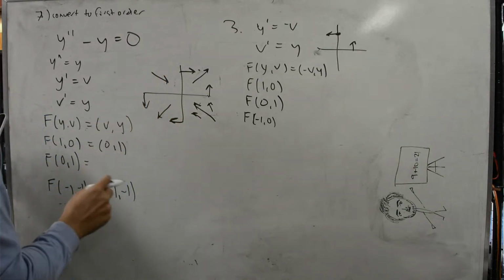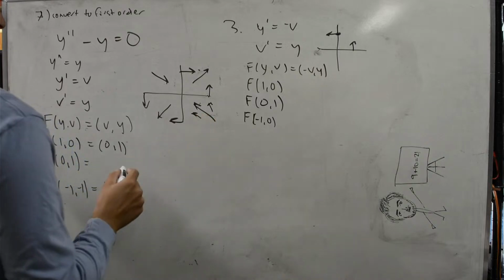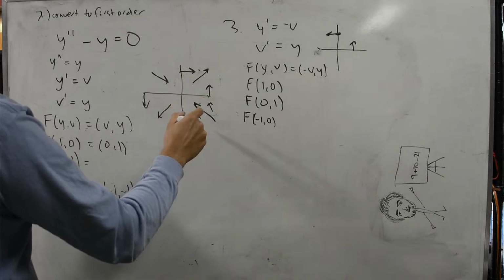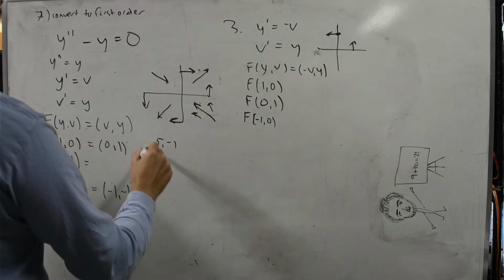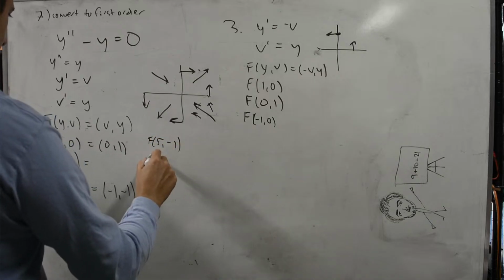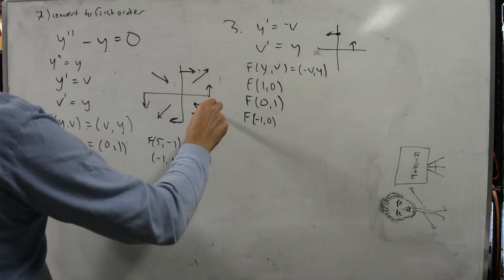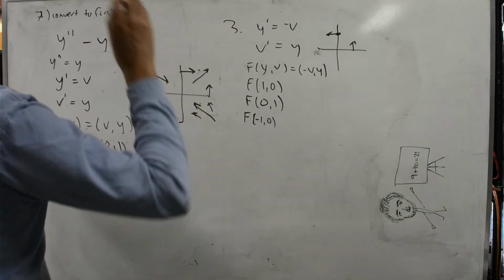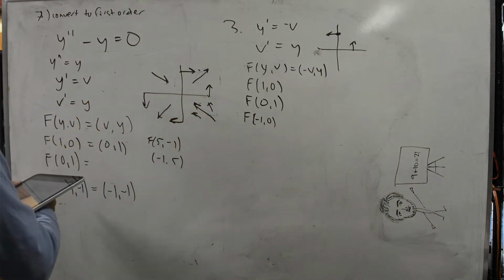Right, so it's something like that. But if you're at like (5, minus 1), then y is decaying and v... Yeah, okay, so this is right. Okay. All right, I think that that's it.